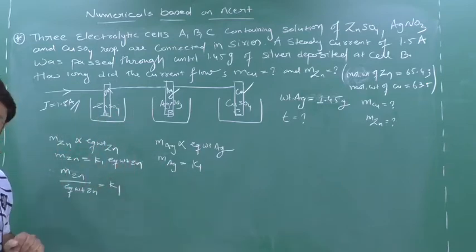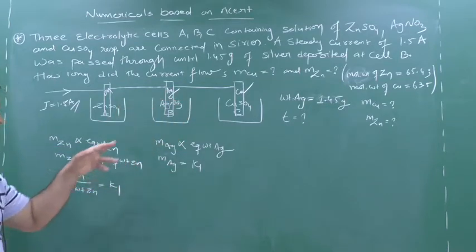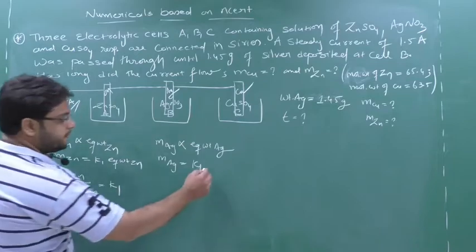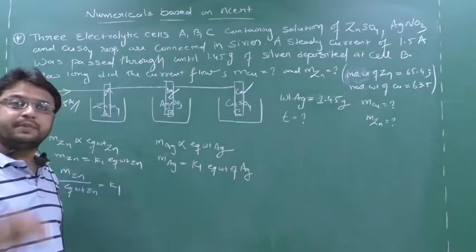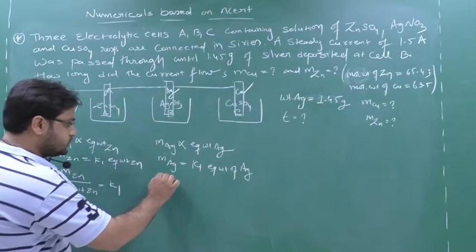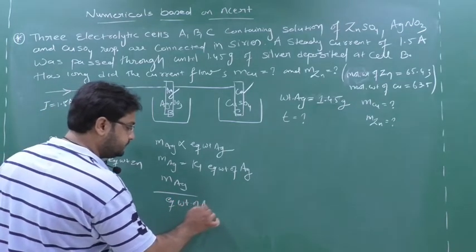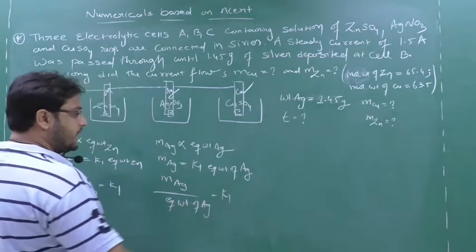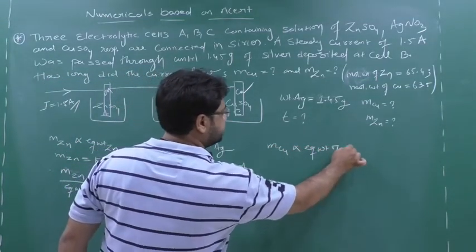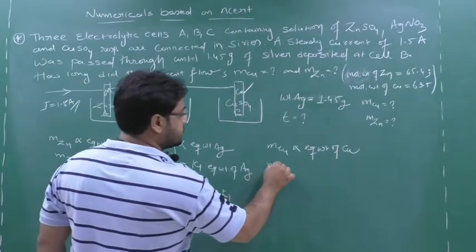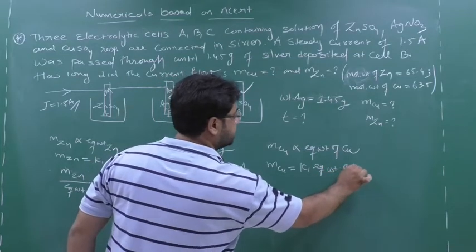So the same constant K1 here, here, and there. So K1 times the equivalent weight of Ag. And if you are still confused, you can see the video on Faraday's laws. So mass of silver by equivalent weight of silver equals K1. Again, mass of copper is directly proportional to the equivalent weight of copper, so mass of copper equals K1 times the equivalent weight of copper.